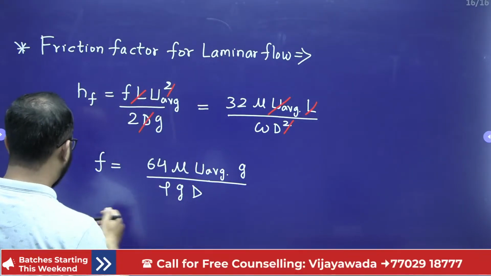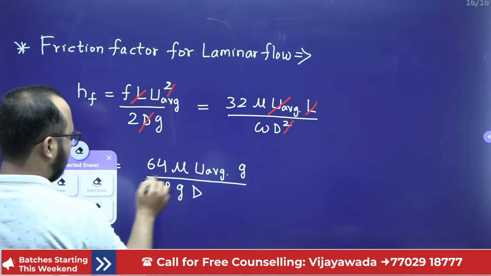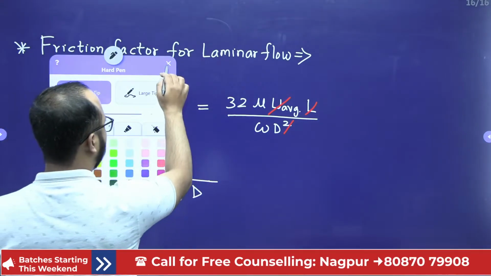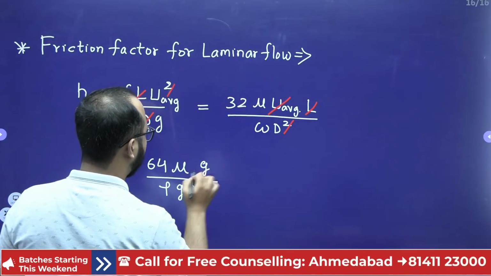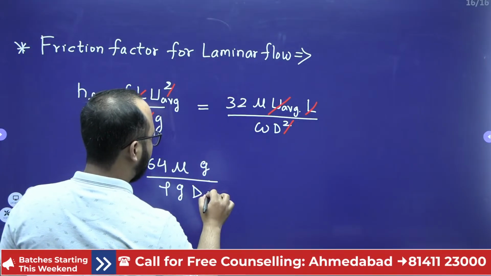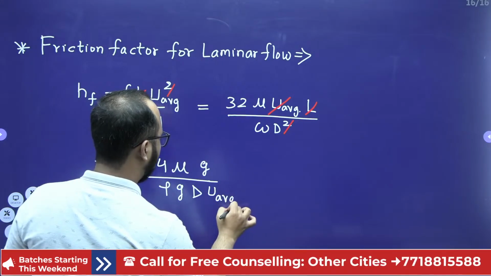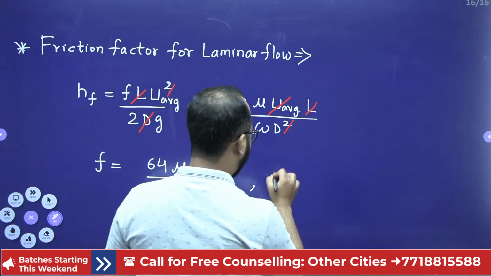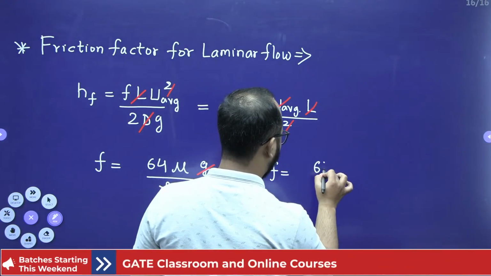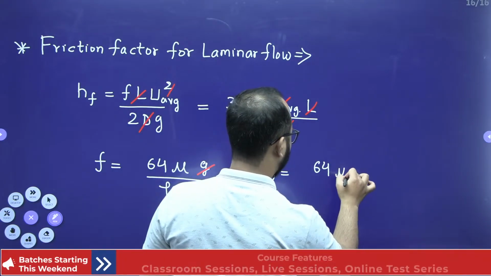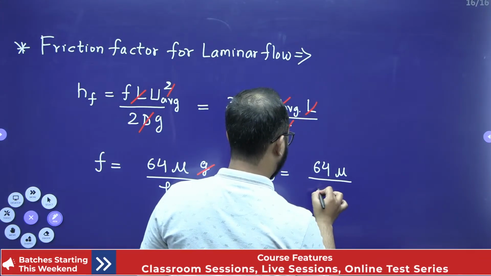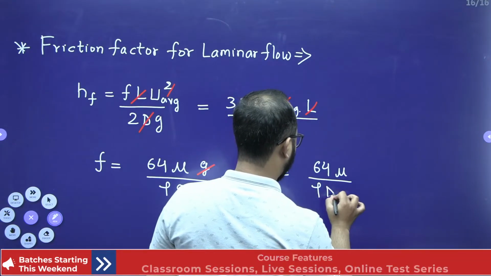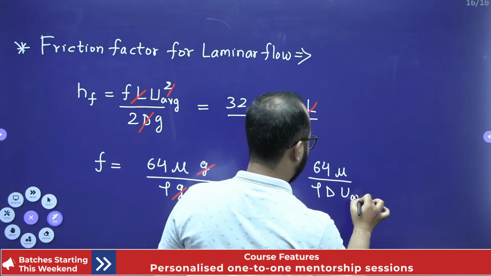So U average will come down actually. Now this G will get cancelled out. So finally your friction factor equals 64 multiplied by mu divided by density into D into U average.